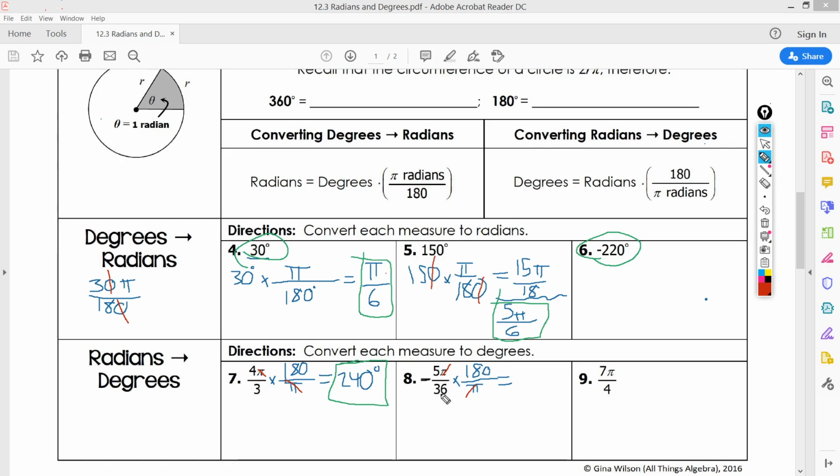Then 10 divided by 2 is 5, so this is just 5 times 5, or negative 25 degrees. And that makes sense because negative 5 pi over 36 is a pretty small fraction, so we'd expect a small degree. That makes sense with our values.